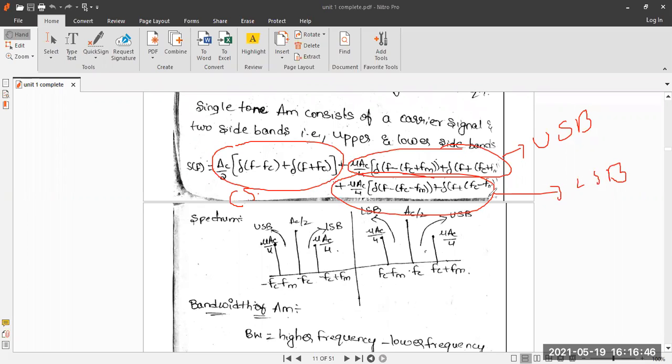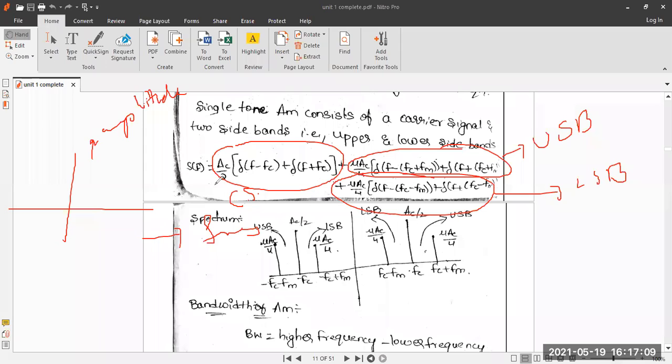Now let's draw the spectrum of this signal. Here we have frequencies and here we have amplitudes.